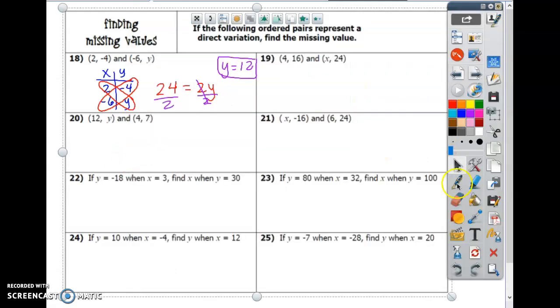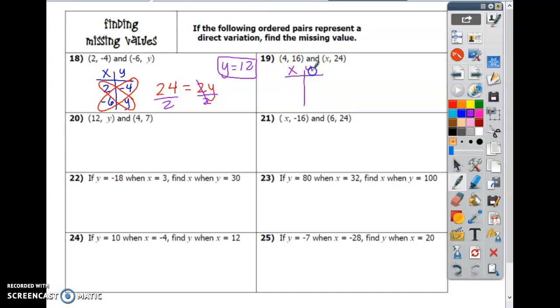I'm going to do one more with you so you can do the other ones. When I put this in my table, that's 4, 16, x, 24. So we're going to go ahead and cross multiply and divide. So multiply 4 times 24, multiply 16 times x, and then divide.